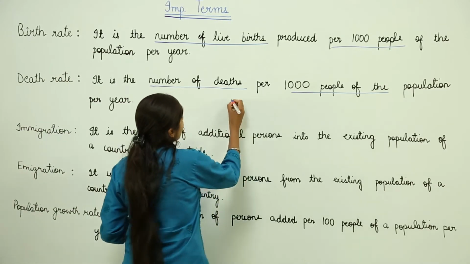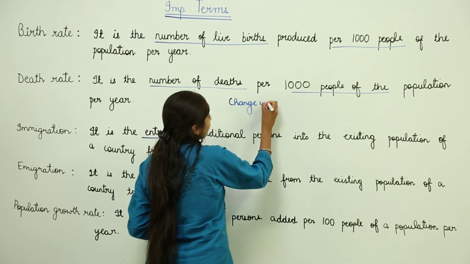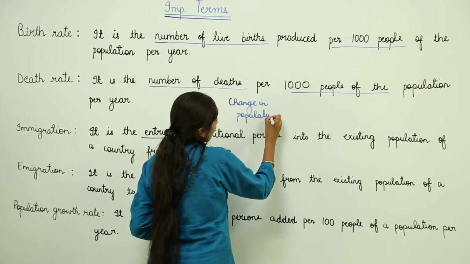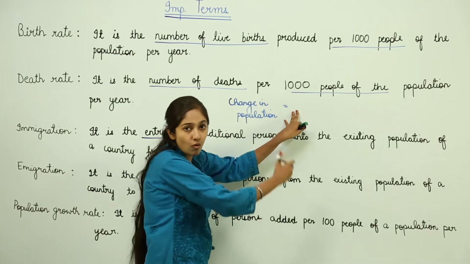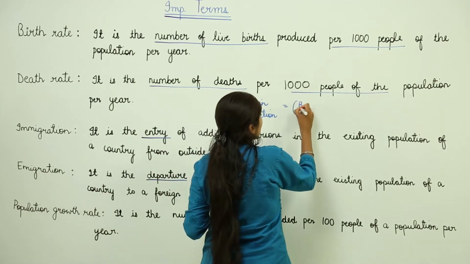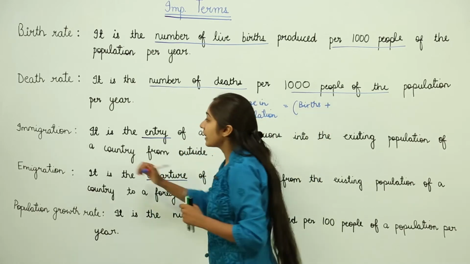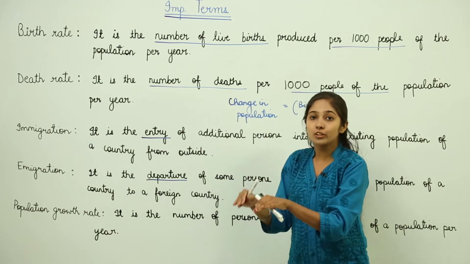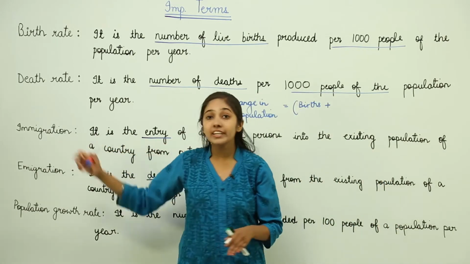Well, we can say that if we talk about change in population, if you want to calculate this, then we can find it out in these four terms as number of births plus what? Plus the persons who have actually entered into a country from outside, that is immigration.